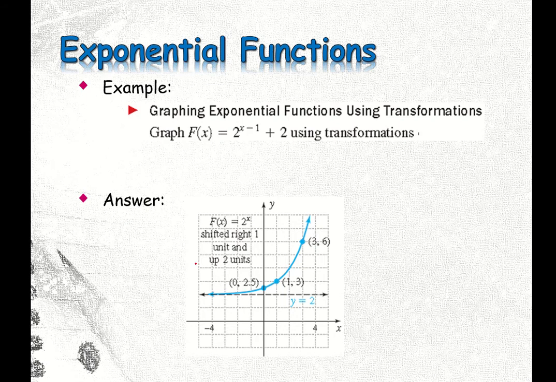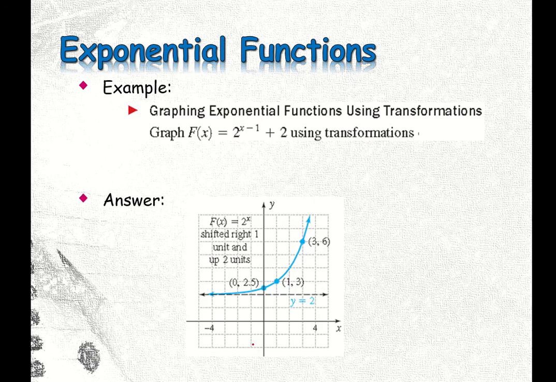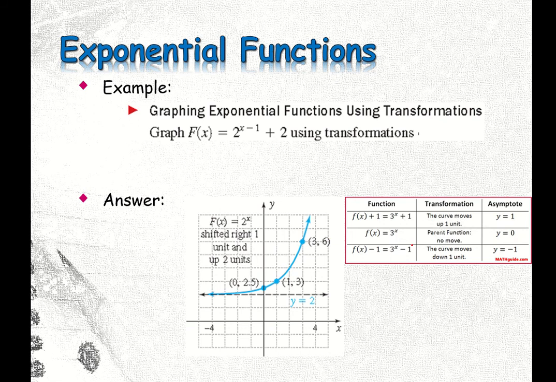So if you graph this one, this is the graph of this given function. That can be done easily if you know this principle here: if you're given the function 3 to the x plus 1, the transformation is the curve moves up 1 unit, and the asymptote is y equal to 1.